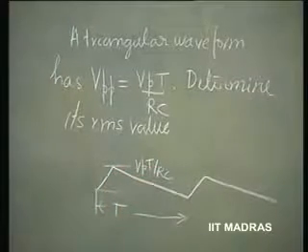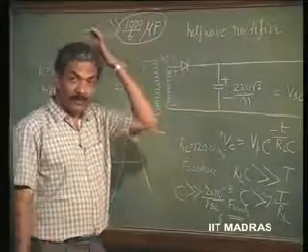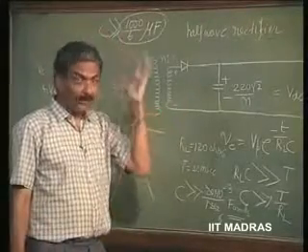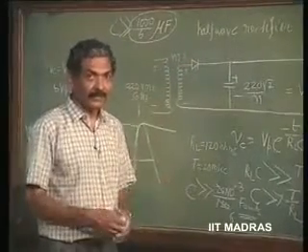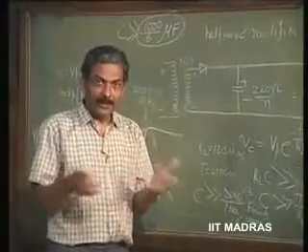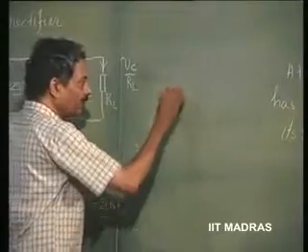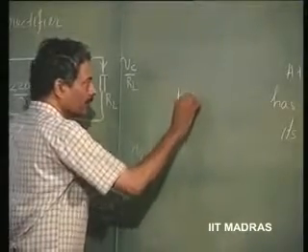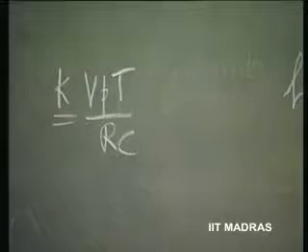So, if you determine this, then we know the ripple factor. Earlier I have defined this. Ripple factor is defined as the RMS value of the ripple divided by the average, and you will get a factor k into Vp T by Rc. This k is what you get as some value when you find out the RMS value.